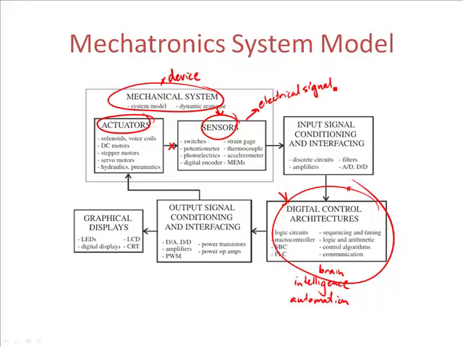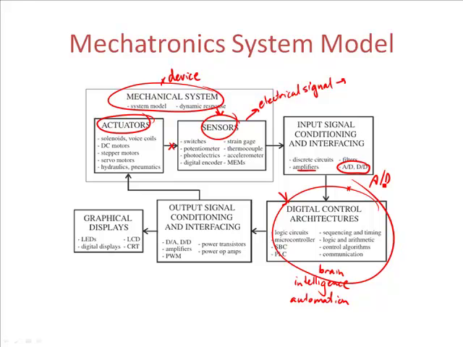From there, the electrical signal needs to be converted into a form that our controller can use. Now, if we're using operational amplifiers, which are analog devices, we might only need to amplify the signal. So an amplifier is a kind of signal conditioning. If, however, we're going to feed it to a digital computer or a microcontroller, then we also need to convert the analog into digital, and that's what the A to D stands for.